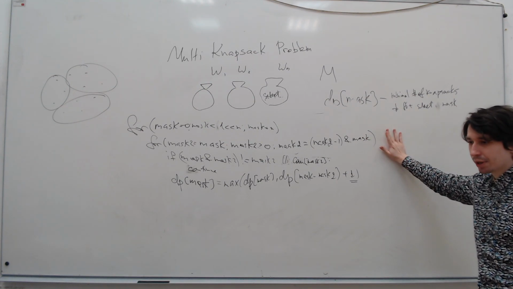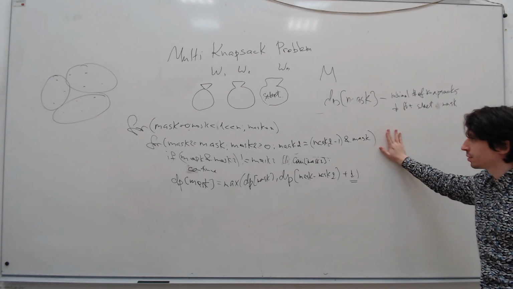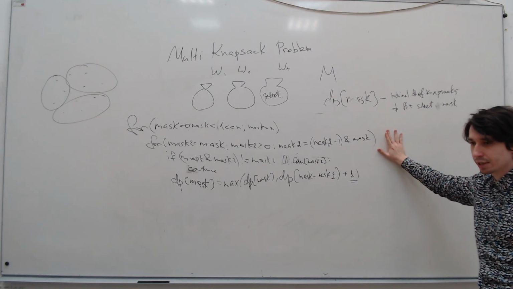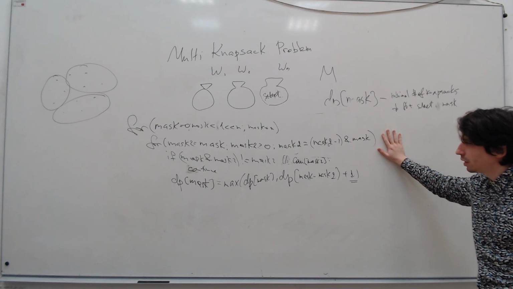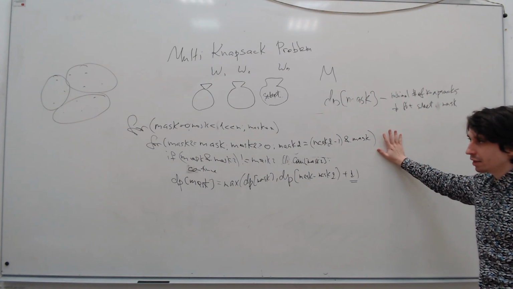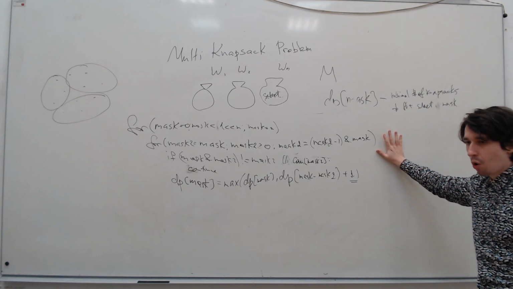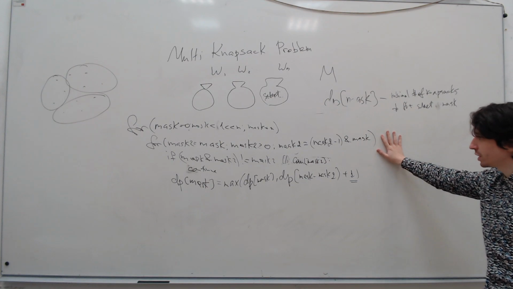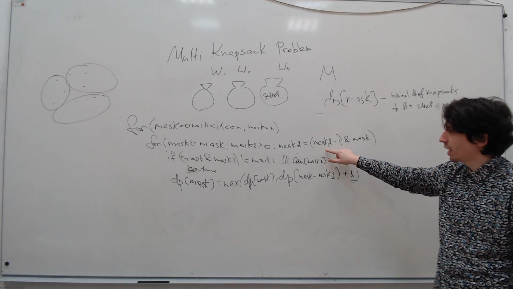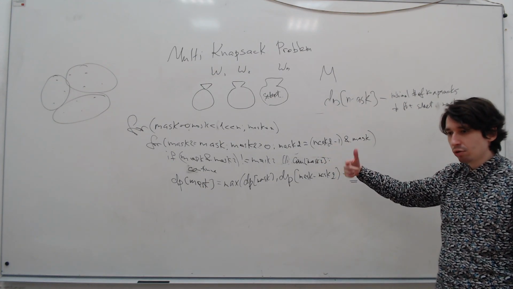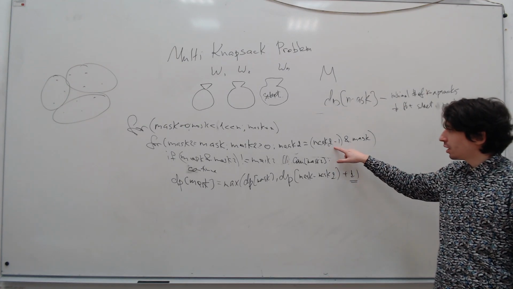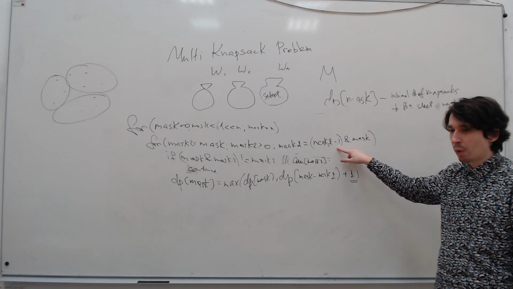Since we're almost out of time, I will leave this as an exercise for the next time: to understand why this loop traverses exactly only the subsets of mask. It's pretty trivial. In the standard loop, you just decrement by 1.